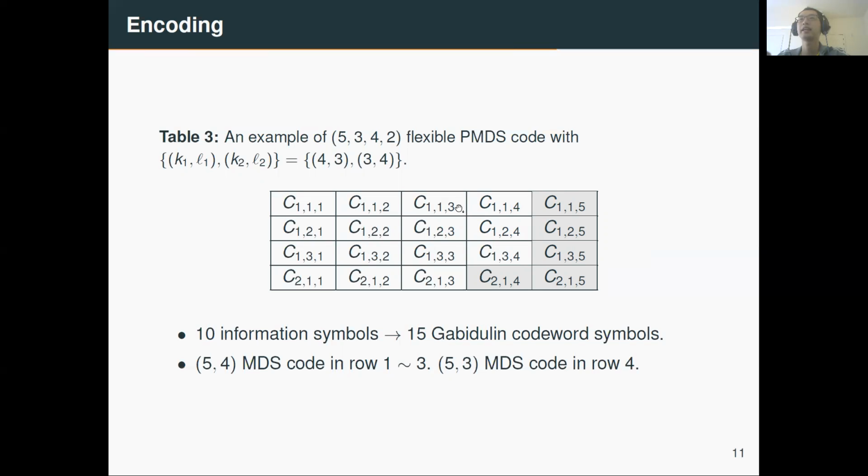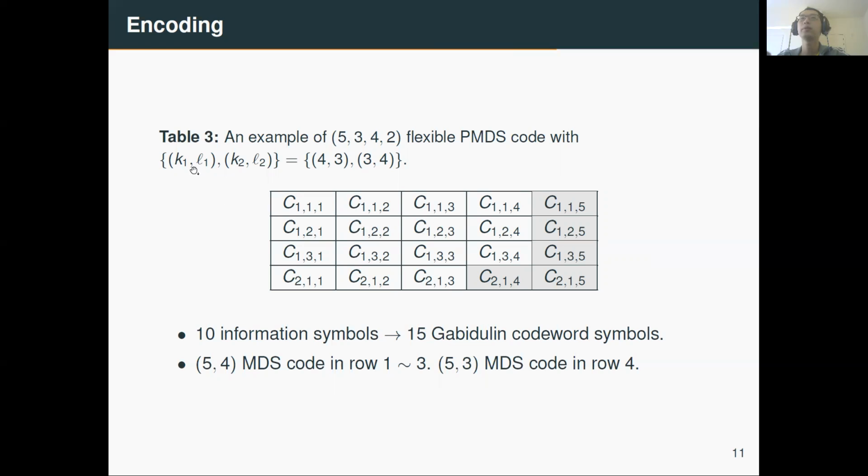So you can see that in row 1, row 2, and row 3, we have an MDS code with reconstruction parameter of 4. We only have 1 parity. And in row 4, we apply a 5-3 MDS code. It means that in the last row, we can recover all the code word symbols from any 3 symbols.